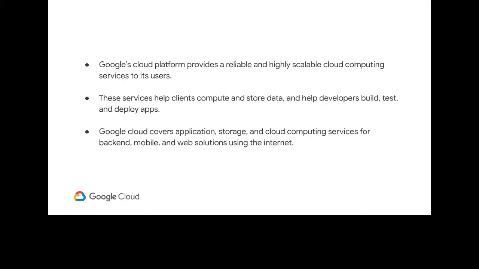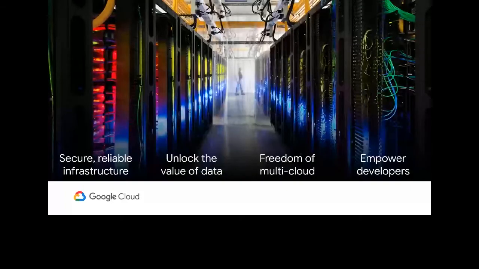These are the four benefits you'll see when you use Google Cloud. That is secure and reliable infrastructure. You can unlock the value of the data you store there. You have the freedom of using multi-cloud, and the infrastructure and the facilities which Google Cloud provides definitely empower budding developers like you guys.